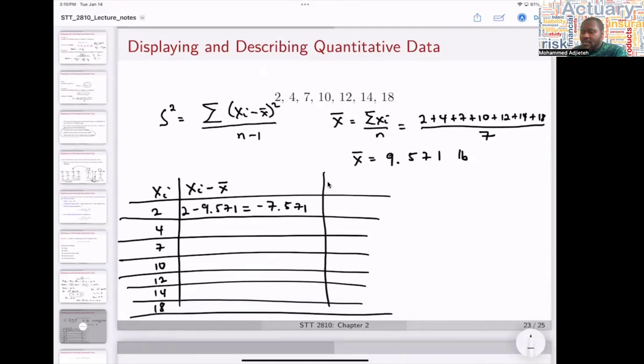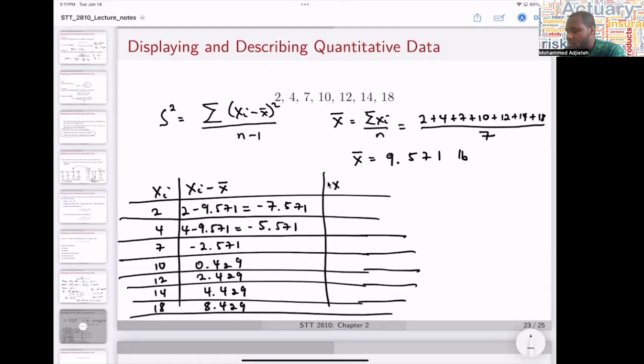The next one is 4 minus 9.571, which should give us minus 5.571, and then minus 2.571. So then the rest should be 0.429, 2.429, 4.429, 8.429.